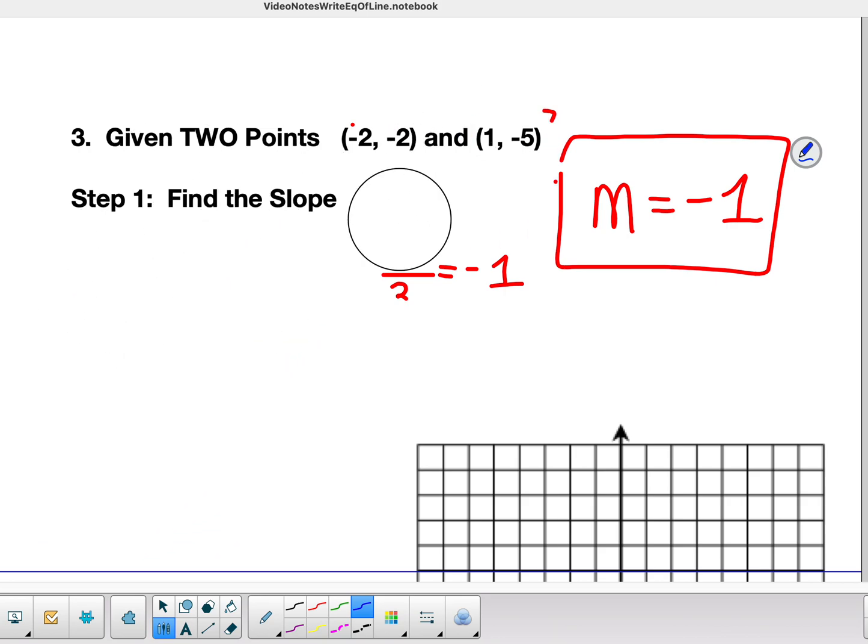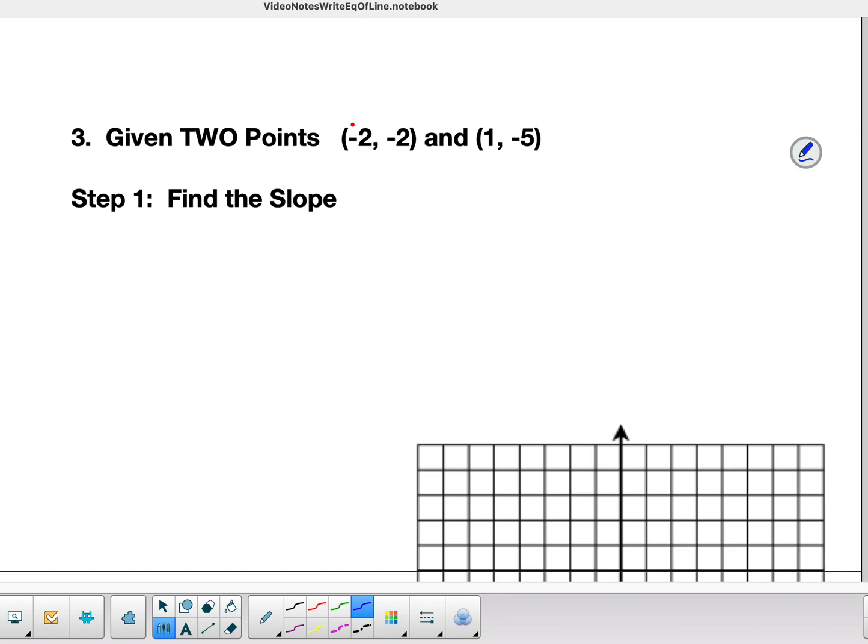Let's look at what happens when you're given 2 points instead of the slope. So when you're given 2 points, the first thing you want to do is use the slope formula on the points to figure out what the slope is. So slope formula, change in y over the change in x. So here are my y's. I'll start with -5. -5 minus -2.